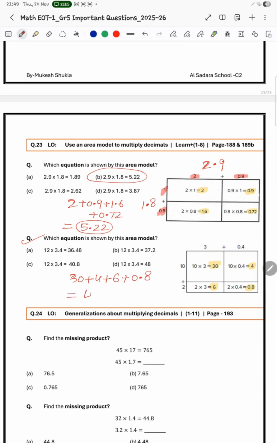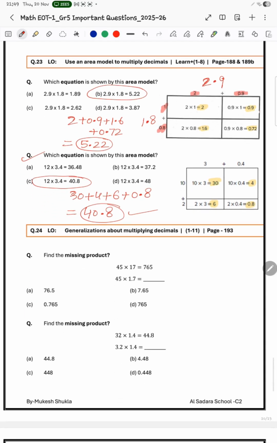If you add them up, you will get 40.8 as my answer. So option C is the correct one. Okay. So these are the different methods of finding the product of two numbers.